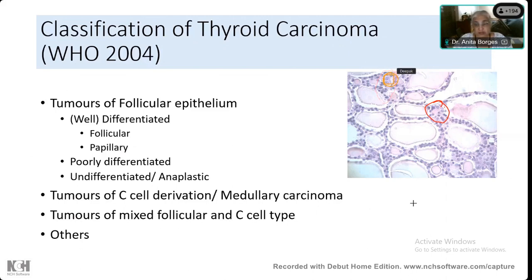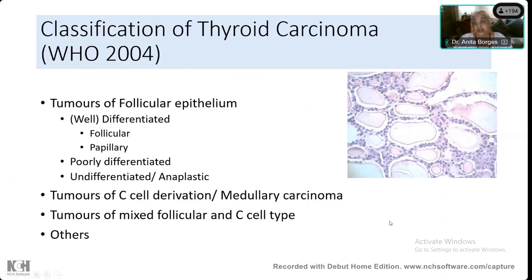Okay, Deepak has marked the same thing. So those are C cells in the thyroid. Very difficult to see. You do not see normal C cells easily in the thyroid.